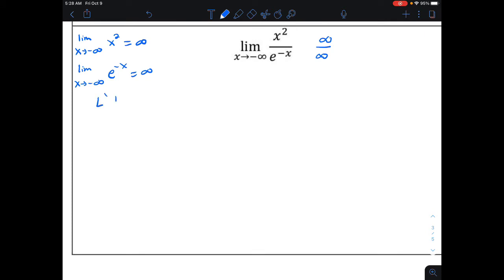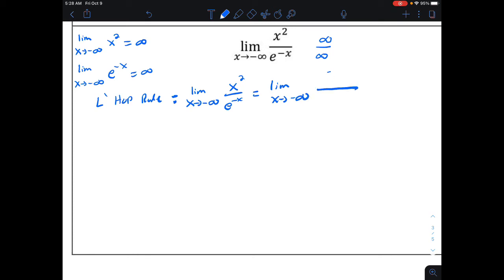So according to L'Hopital's rule, our original limit as x approaches negative infinity of x squared over e to the negative x is going to equal the same limit, but applied to the derivative of the numerator and the denominator.